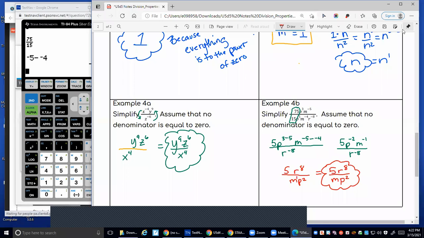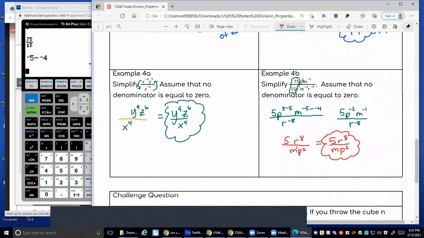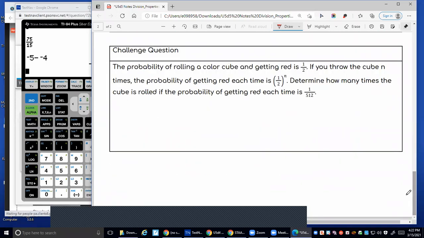Okay. And one little thing that might be a hint: if you had a problem that looked like this, let me draw a little box. Maybe I should put it on the bottom here. Yeah, I'll put it on the bottom.